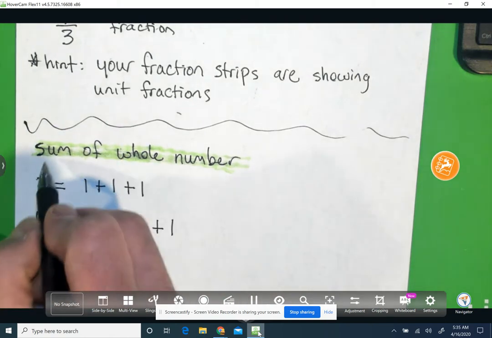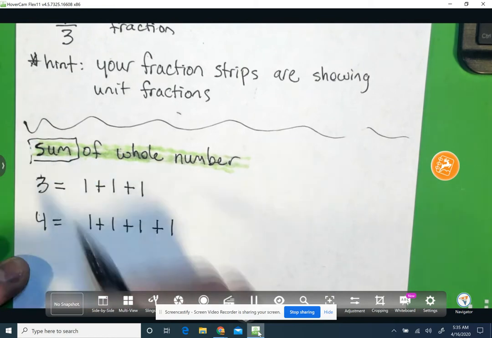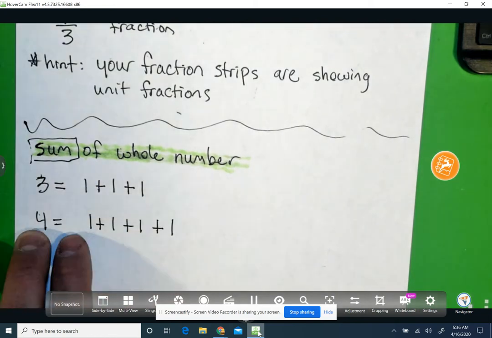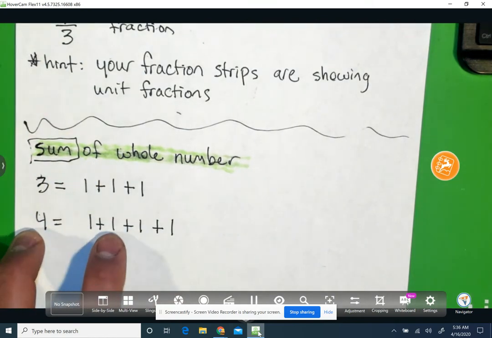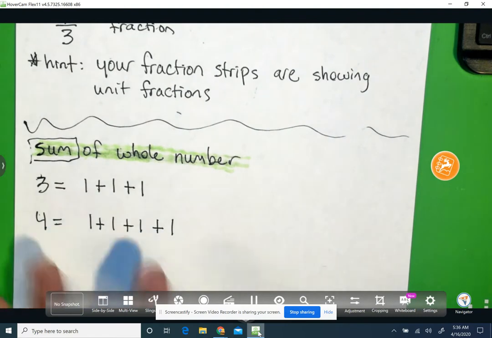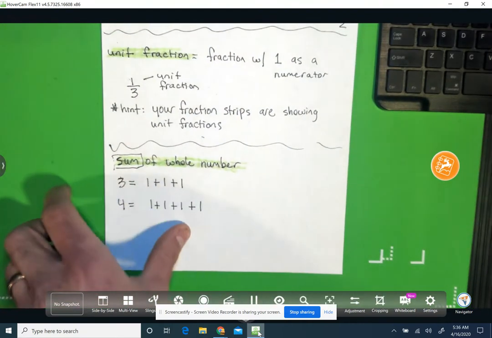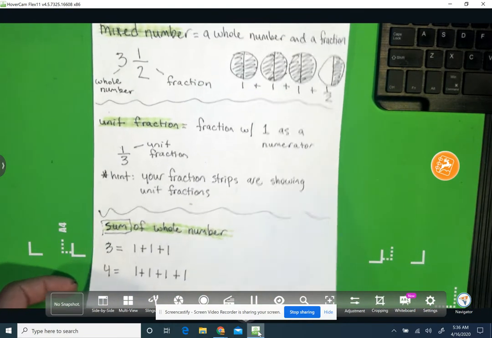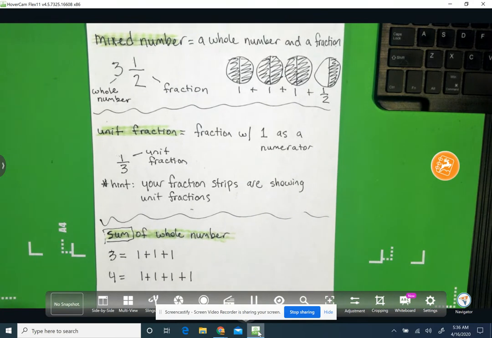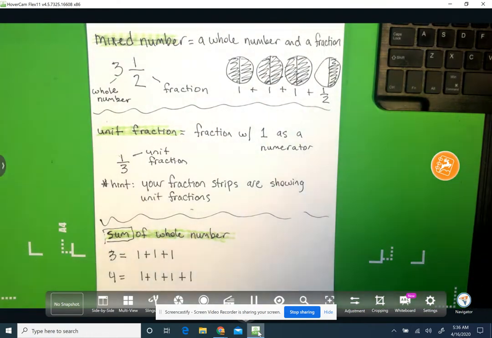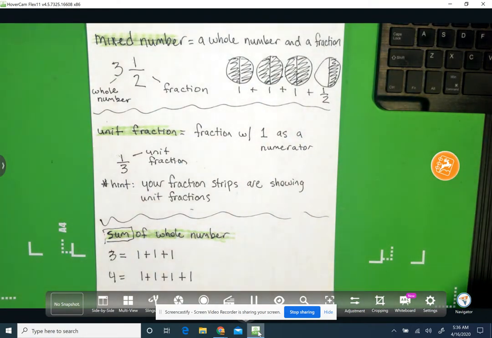Sum means the answer to an addition problem. So the idea of a mixed number, a unit fraction, and the direction that's going to be given to us, sum of a whole number, are going to help us to be successful with this lesson today.